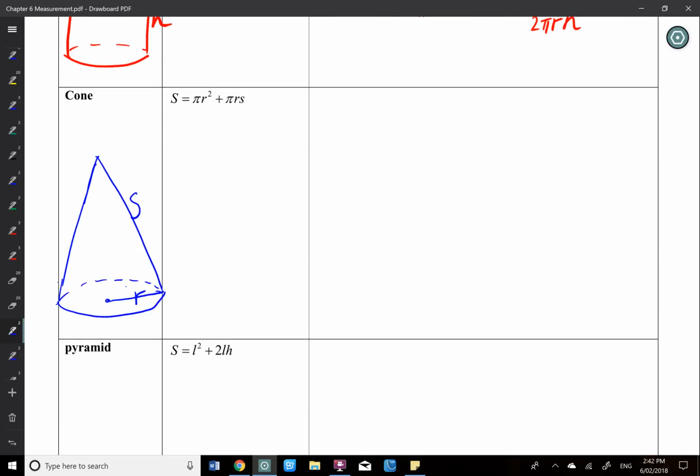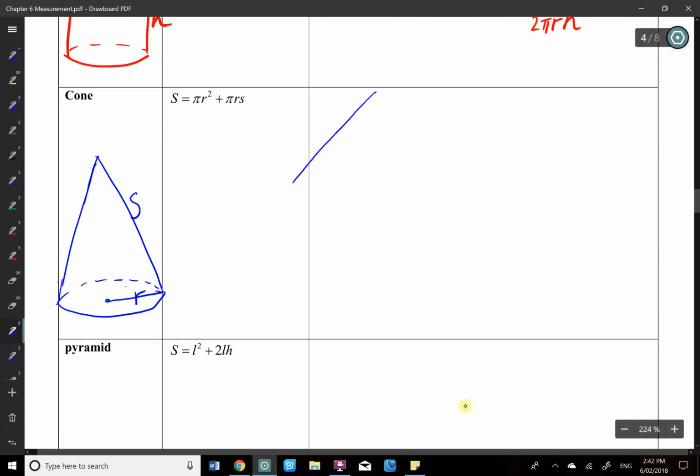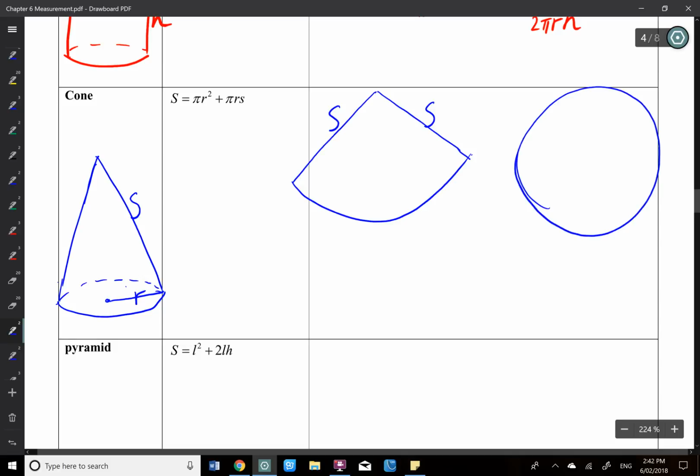When we think about the net, that will be a sector. I will draw a minor sector this time, because my major sector looks terrible. Let's say we have the S here. And also I have a circle, a smaller circle here with radius r.